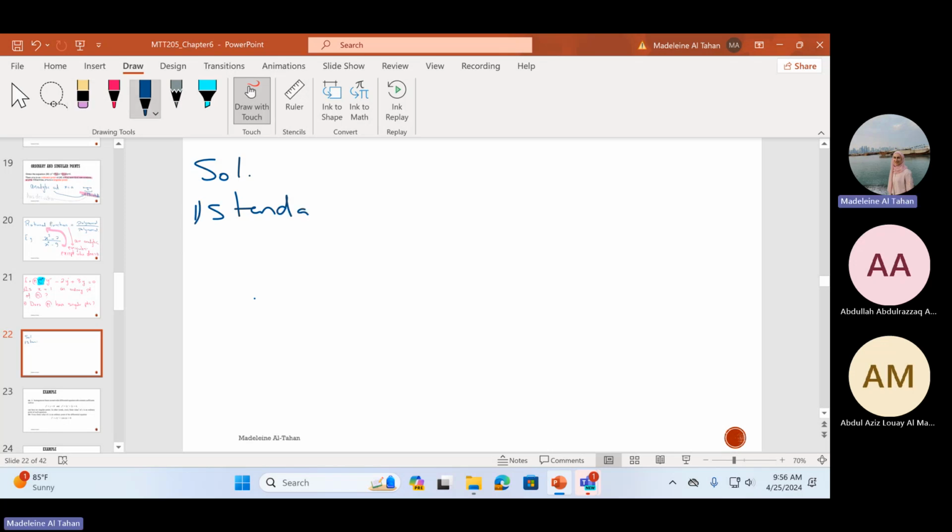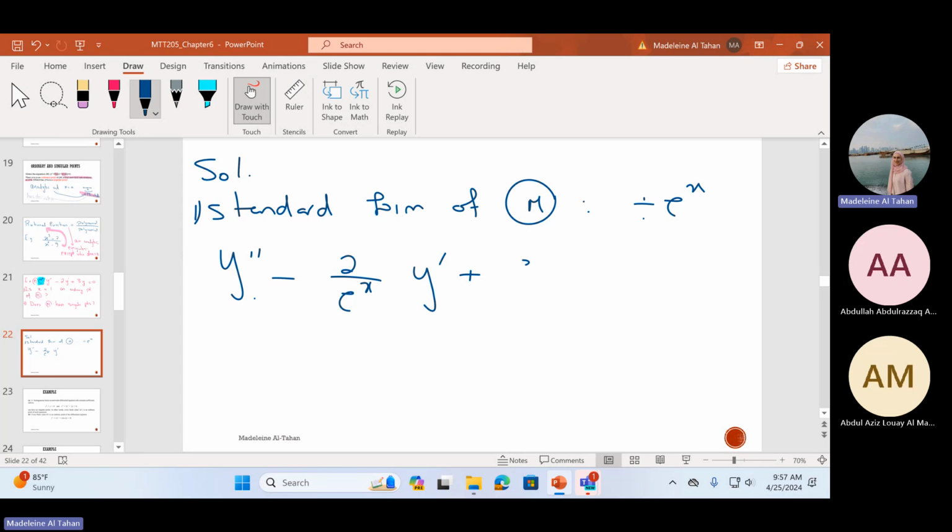Standard form. How do we get the standard form? We should divide by e^x. Do we have to worry about dividing by e^x? It's impossible for it to be 0, right? So what will we get now? y'' - 2/e^x y' + 3/e^x y equals 0. Can we rewrite it in a better form?